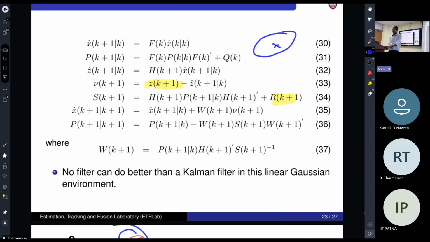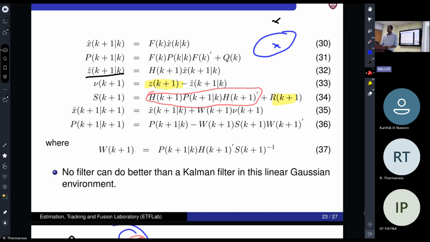Then I had this one that is somewhere here. So now I am saying take only this part.